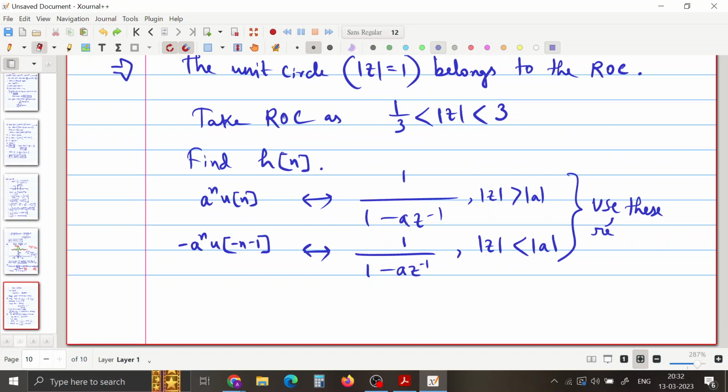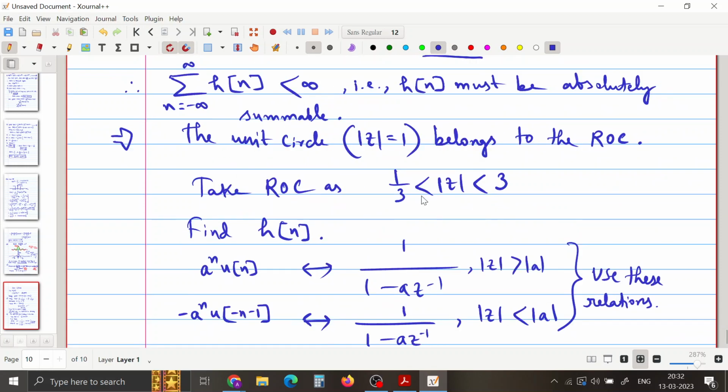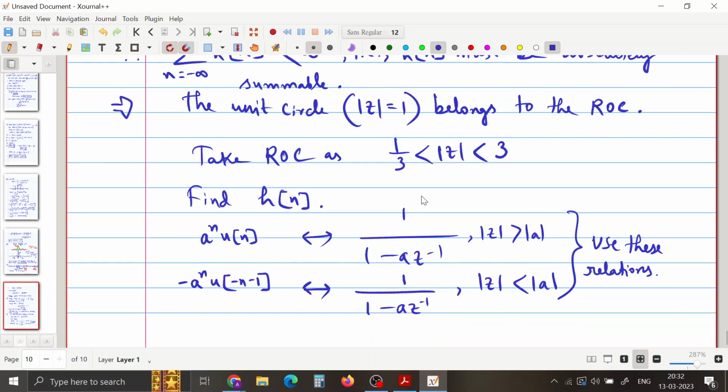Okay, there's a lag. Use these relations. This might be useful. Because this ROC involves two parts, it's an annular region. For one signal you have to consider mod z greater than 1/3, and for the other component you have to consider mod z less than 3.